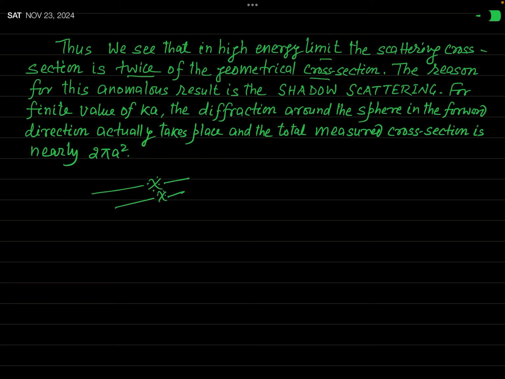Actually the reason for this anomalous result is shadow scattering. When you talk about the finite value of Ka, then diffraction takes place around the sphere in the forward direction. And therefore the total measured cross section is nearly 2 pi A square.